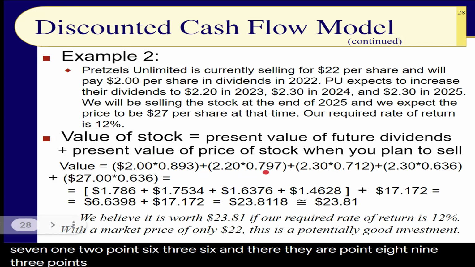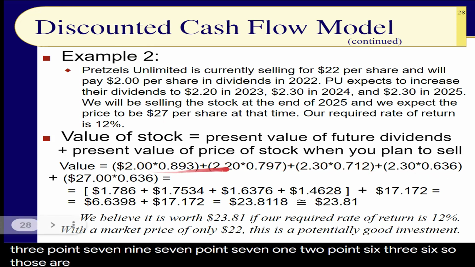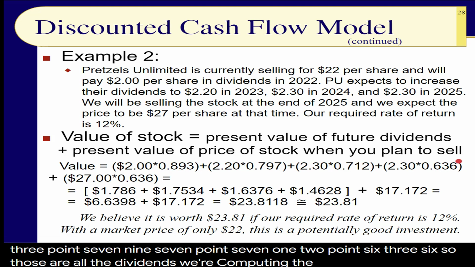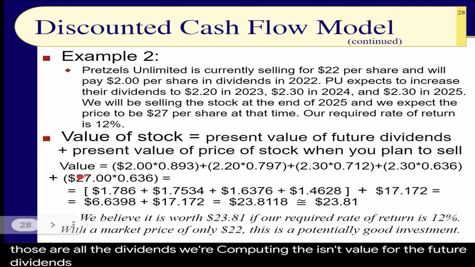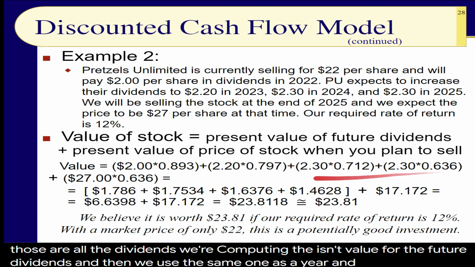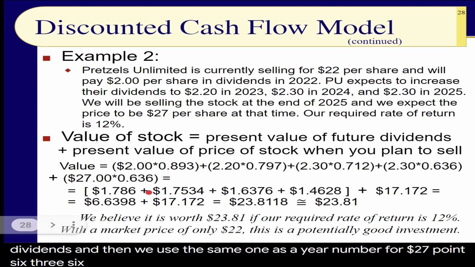So those are all the dividends. We're computing the present value for the future dividends. And then we use the same one as year number 4, $27, the present value multiplier for year number 4.